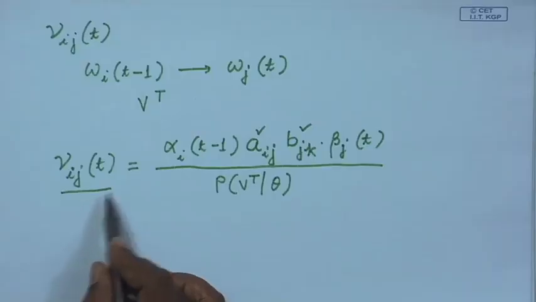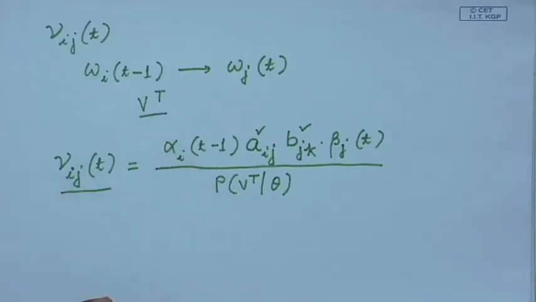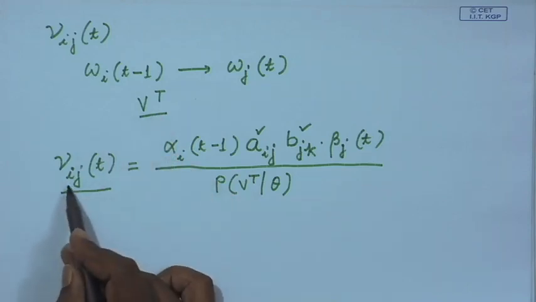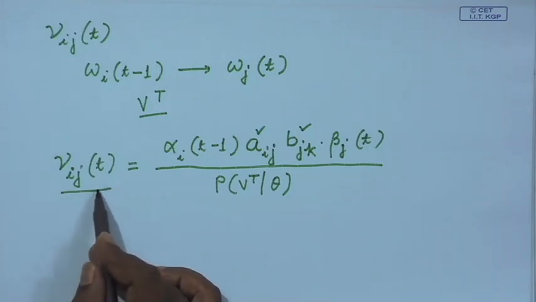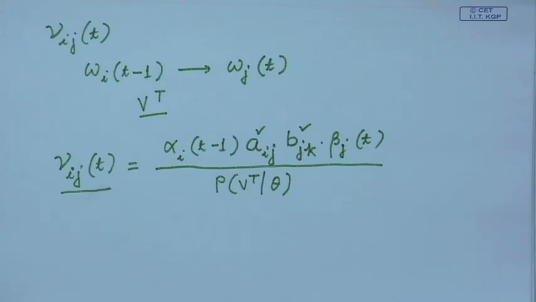Using that and using a training sequence V T, you try to estimate what is gamma i j t. And now, you can use this estimated gamma i j t to refine or to improve the values of a i j or the values of b j k. So, how can that improvement be done?